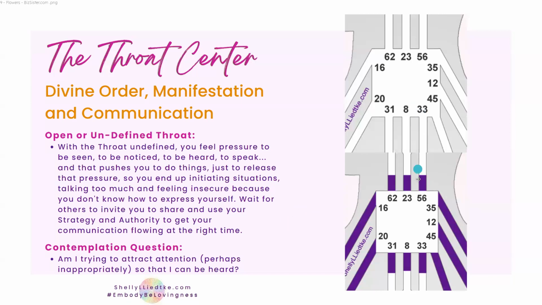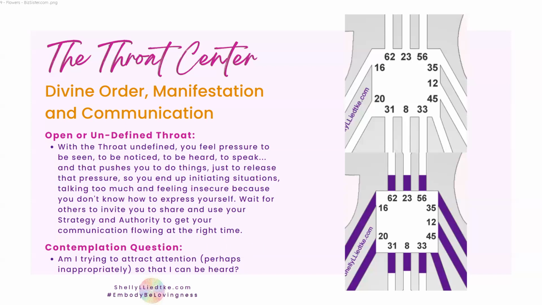But also, when someone has this center colored in white, they could actually start doing things to try to attract attention or just really talking a lot overmuch. So again, waiting and using your type, strategy, and authority to know when to share, when to speak, or when to initiate situations or not, and when to listen and when it's the correct time to speak.